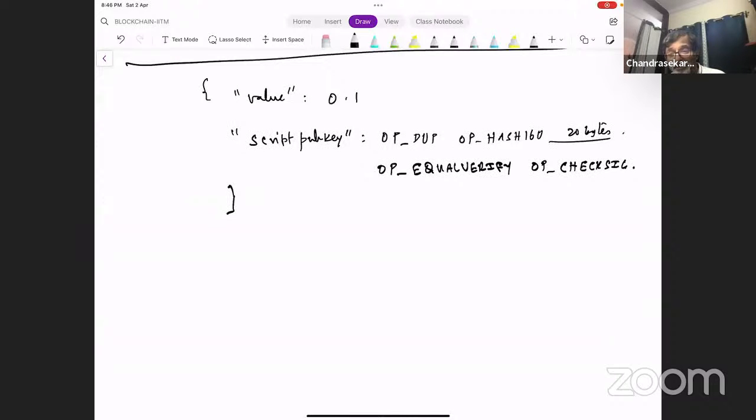This is what will be written. You will see this in every output. With every output, you will see this.